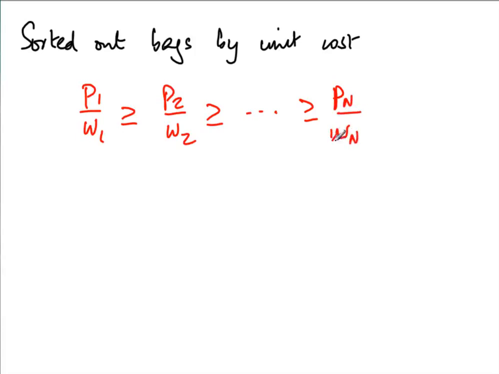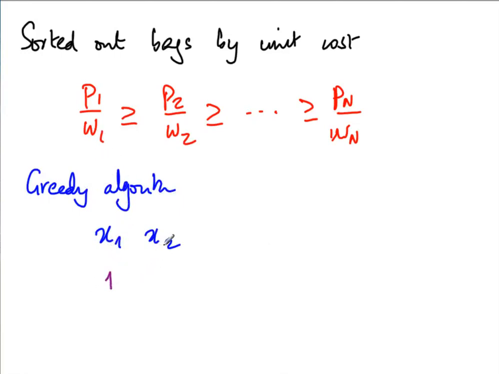What we had done in our greedy algorithm is that we constructed x1, x2, and so on. We would try to pick up as much of the first bag as possible, in general all of the bag.